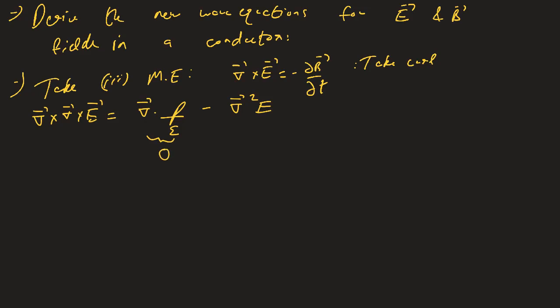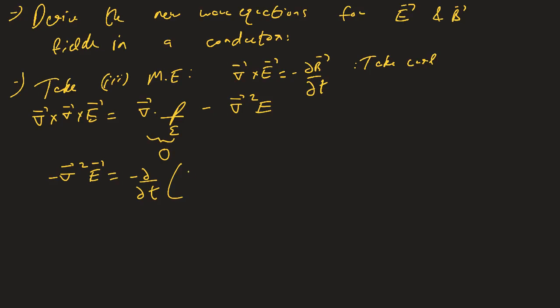So what we're left with is that minus del squared E becomes equal to minus partial by partial t of partial B by partial t. But if you substitute differential equation 4, then we know that del cross B is related to E, right?